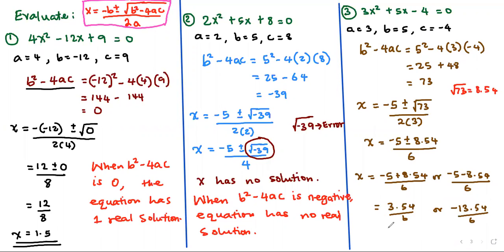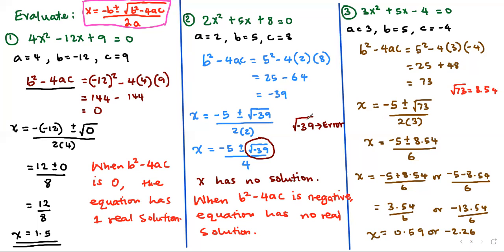And then we get x is equal to 0.59 or negative 2.26. Don't worry about this. Just write this in your calculator and you get the answer. So that is the value of x.